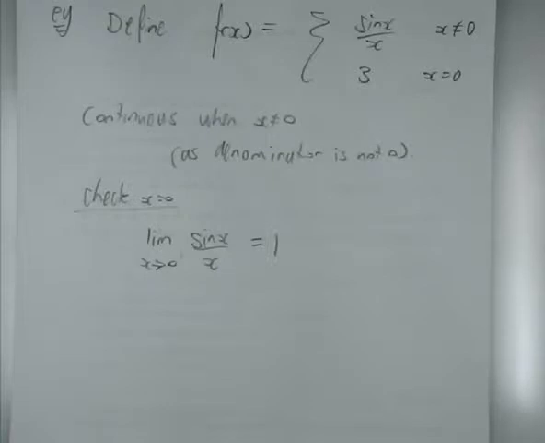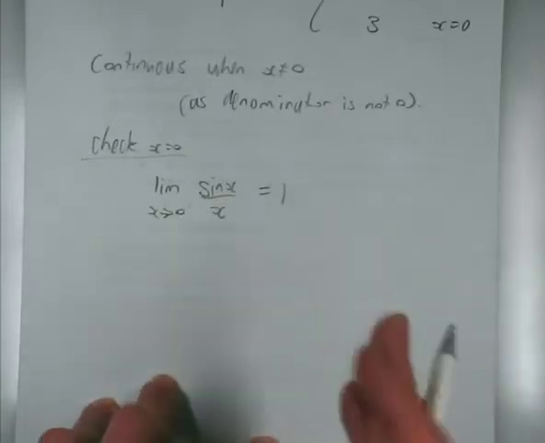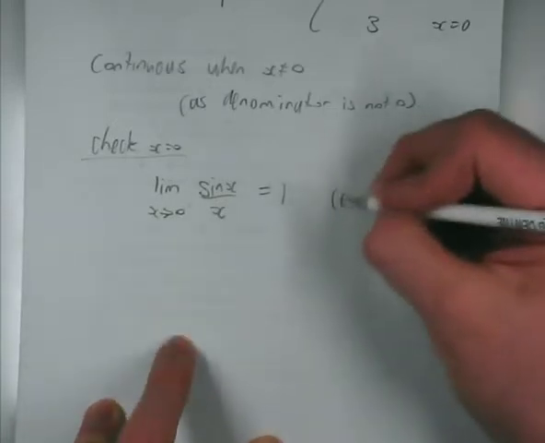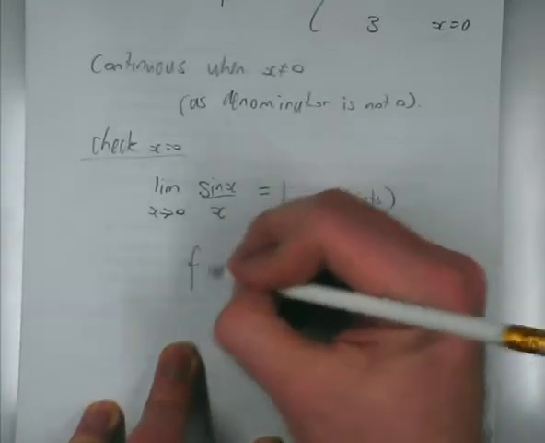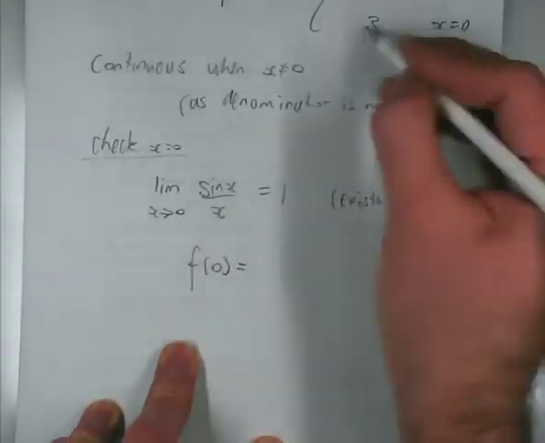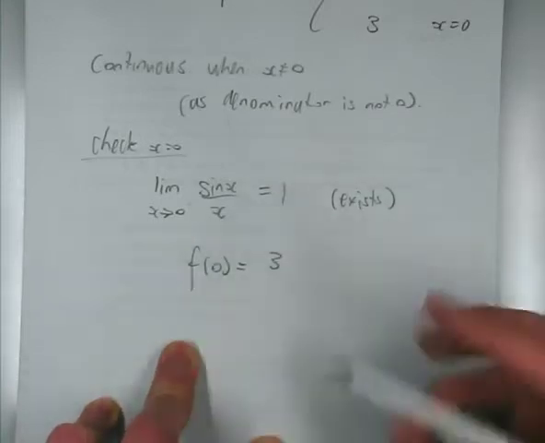So if it's discontinuous, it will be a removable discontinuity because the limit exists. So my limit exists, and it's equal to 1. Now my function value at 0, when x is 0, the function value is 3, and that's not equal to the limit.